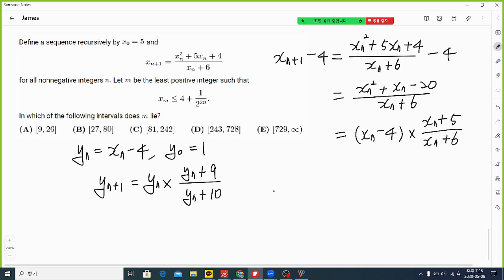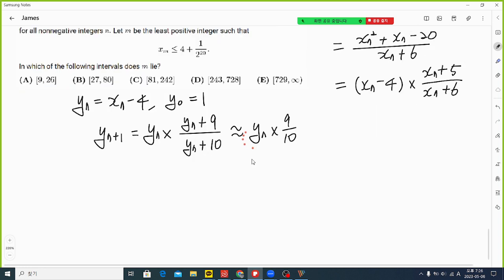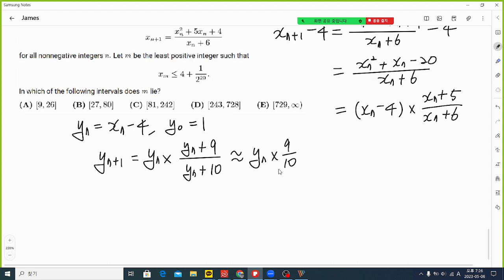So in such case, when yn goes to 0, when n goes to infinity, it's close to multiplying 9 over 10 to yn to obtain yn plus 1. And that's a kind of approximation we can make. So it's similar to a geometric sequence with the ratio of 9/10.